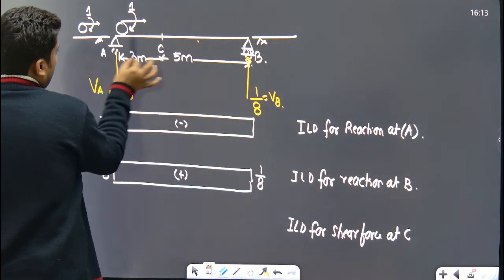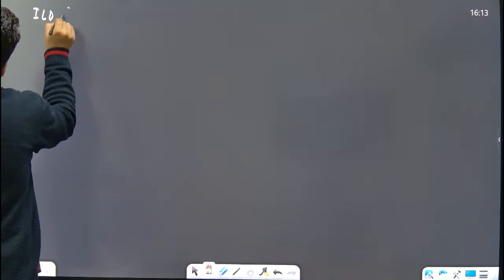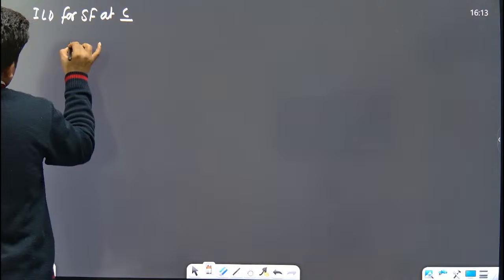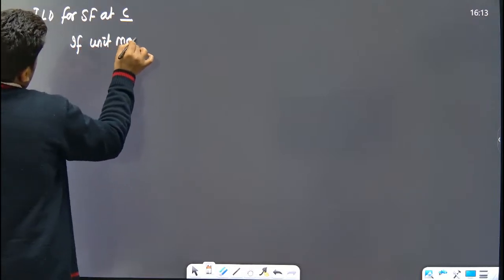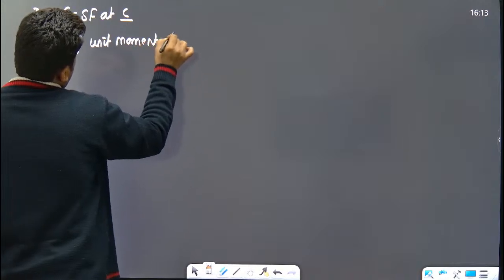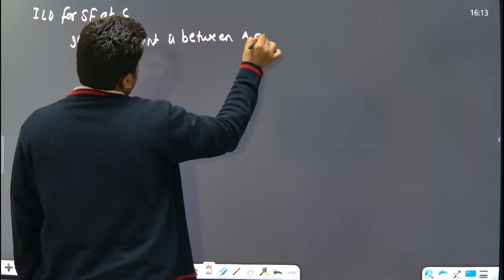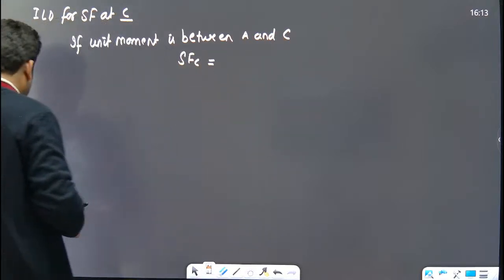If the unit load is between A and C, what is the shear force at C?